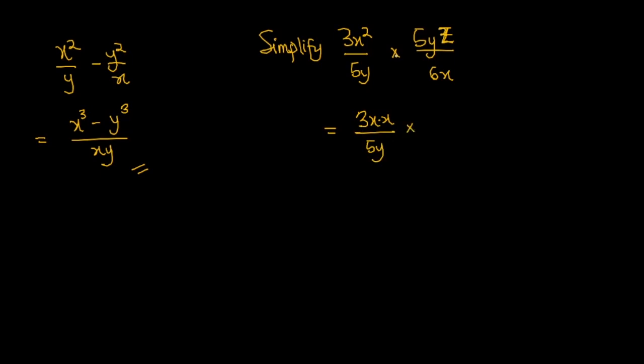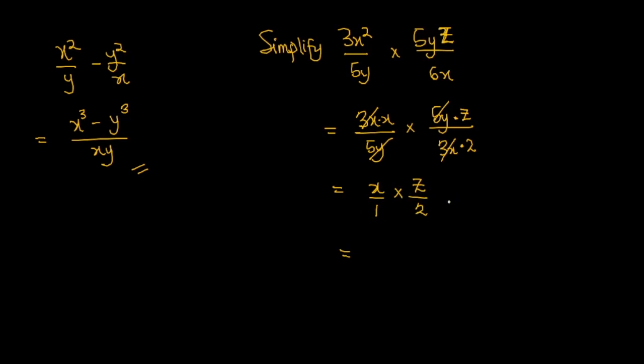Then this multiplication sign, then 5y multiplied by z on, over here this is 6x, so I can write that as 3x multiplied by 2. That will still give me 6x. So from here I can say that this 3x will cancel the 3x over here, the 5y here will cancel this 5y over here, so I'm left with x on 1 over here multiplied by z on 2 over here.